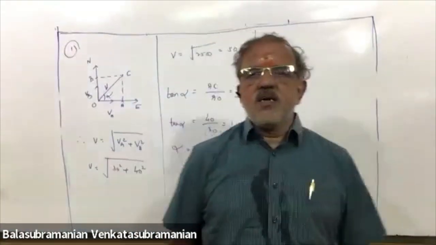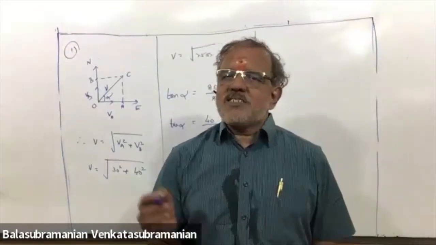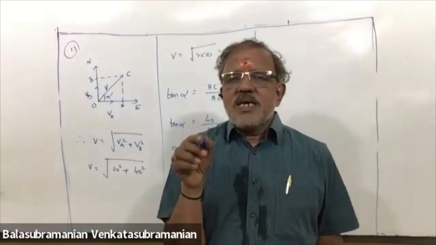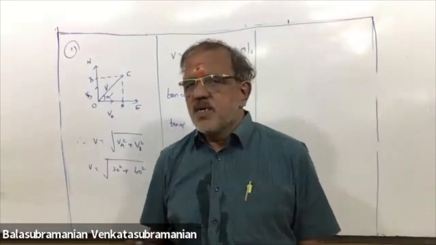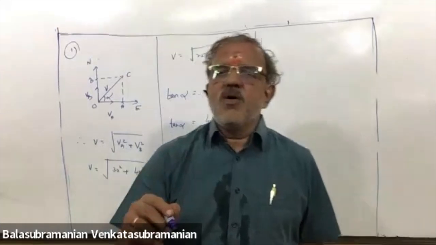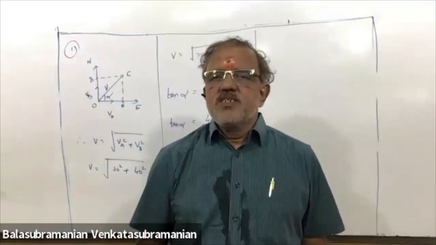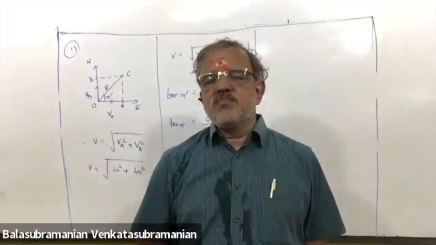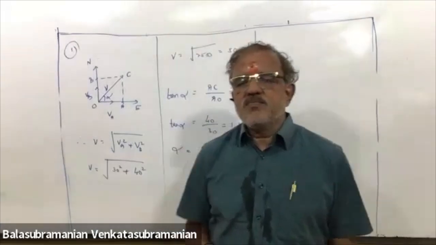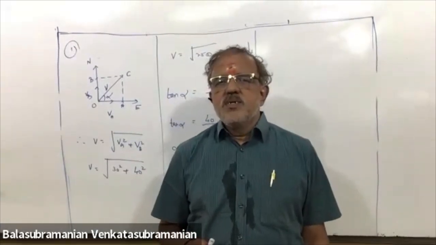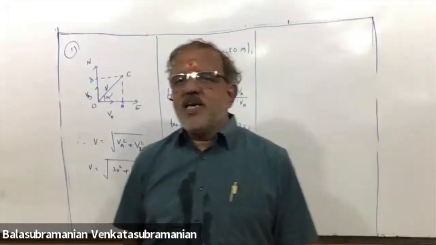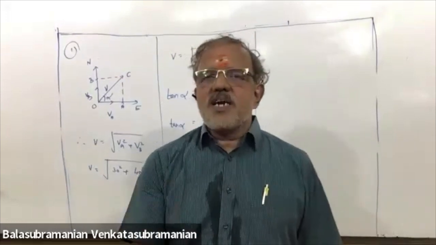So you have to take the logarithm book, the natural tangents. In natural tangents, tan 45 is 1. We are getting 1.333 here, so the angle should be more than 45 degrees. In the natural tangent table, 0 degree to 90 degree will be there, so you verify the corresponding angle for the value. Generally the angle will be given by the calculator.